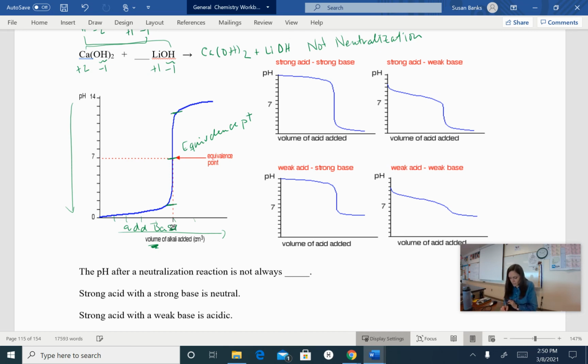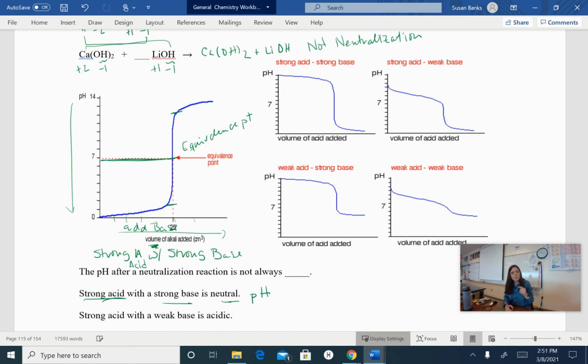Notice here, if I have a strong acid with a strong base, notice my equivalence point is right at pH 7. So if I have an equivalence point with a strong acid and a strong base, that equivalence point will be neutral. It will be at a pH 7.